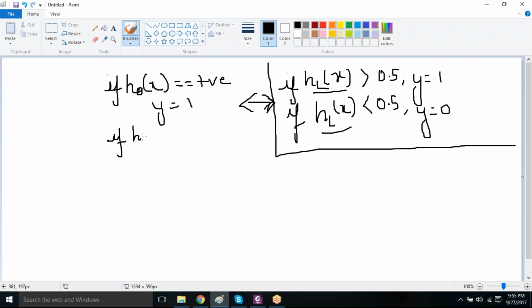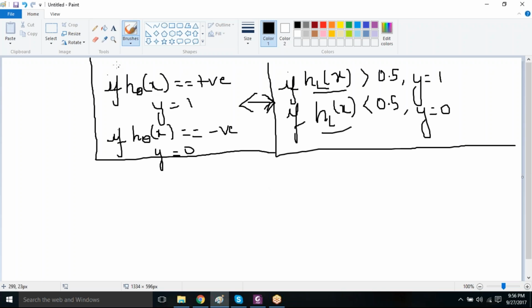If my hypothesis value is negative, y will be 0. So same model I am representing in two ways, one through linear regression, another through logistic regression.